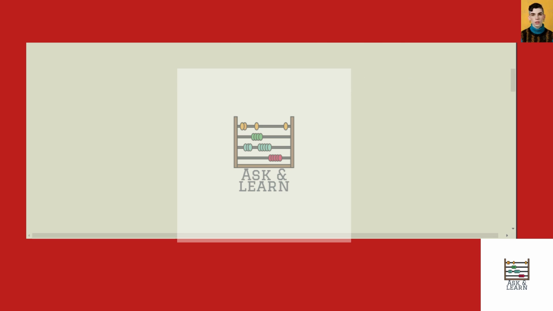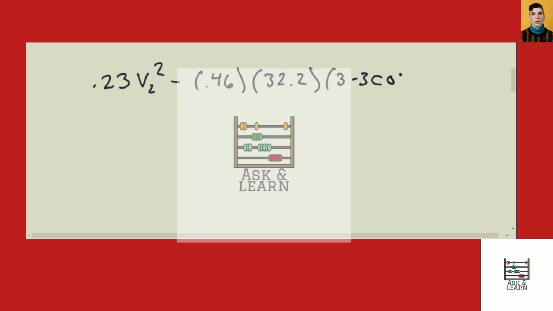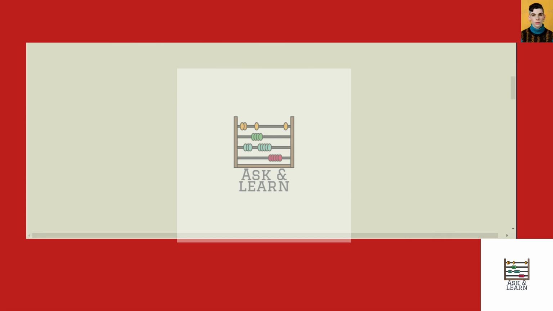So we have 1/2 m. So 1/2 of 0.46, we have 0.23, and then the velocity v2 squared, minus the mass 0.46 times gravity. And in this case, gravity is 32.2 feet per second squared, and times height h2, which we just found, 3 minus 3 cosine theta. And of course, all of this equals 0.